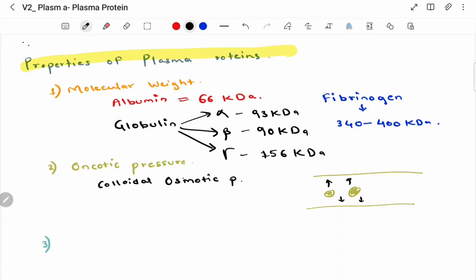Normally, it is in the range of 25 mmHg to 28 mmHg.